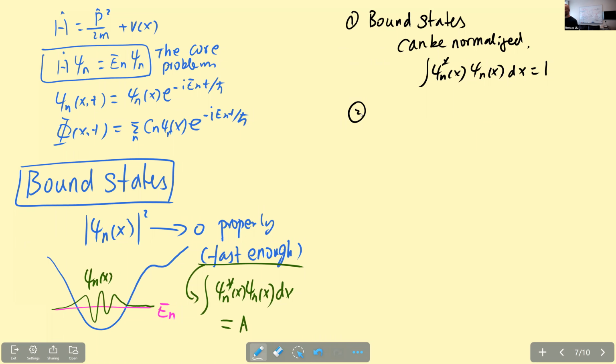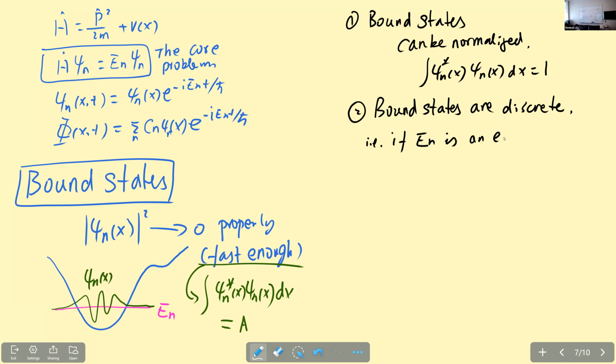Secondly, the bound states are discrete. So that means if E_m is an eigenvalue, eigenenergy, okay, then there's no state close by.